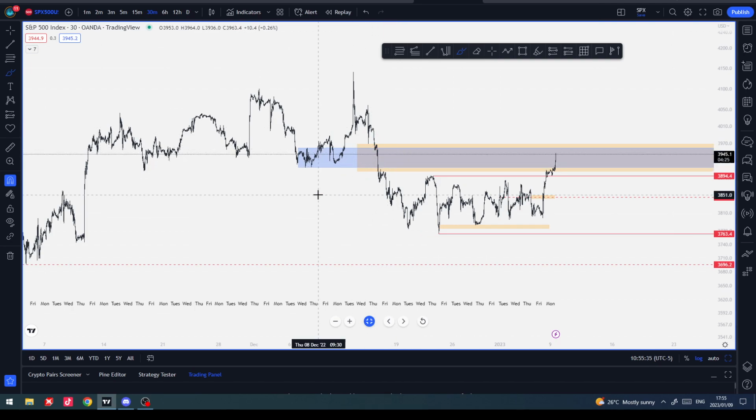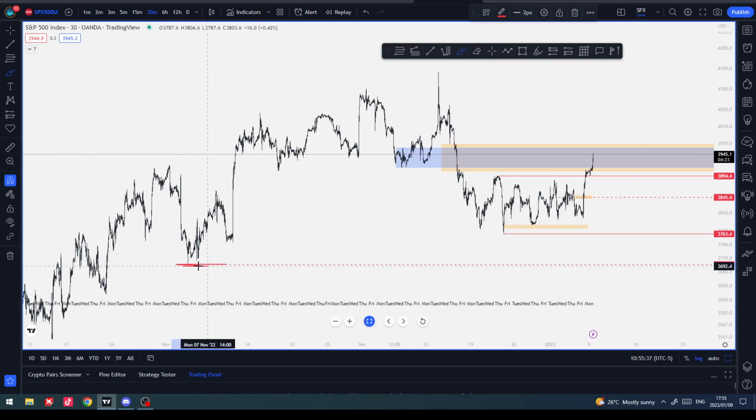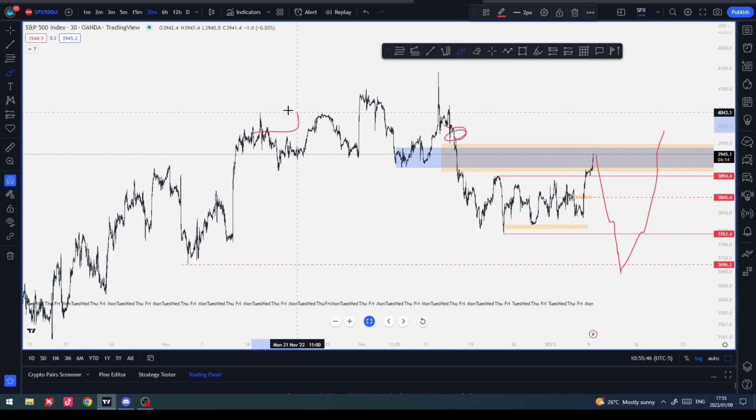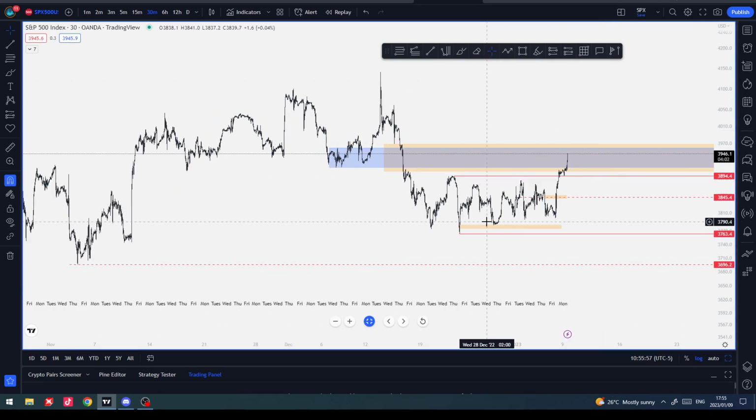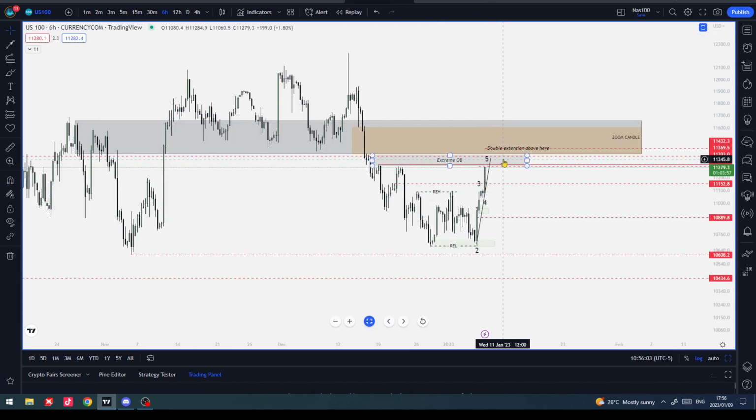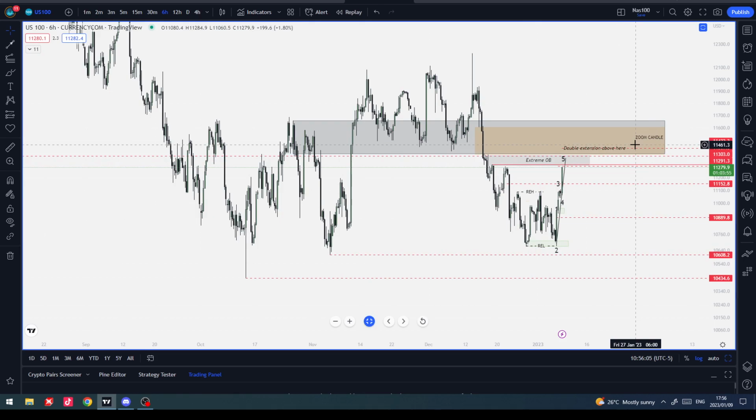We haven't taken out this failure swing low, so I'd want to see price come and take that out and then push higher, maybe into this fair value gap here, the candle up here, so somewhere along there, and then we fall lower in the market, right? And the same thing on US30, the three should do the same. The main thing to take out of this is we want to see price draw lower first, then come back and take the liquidity, and then continue down.